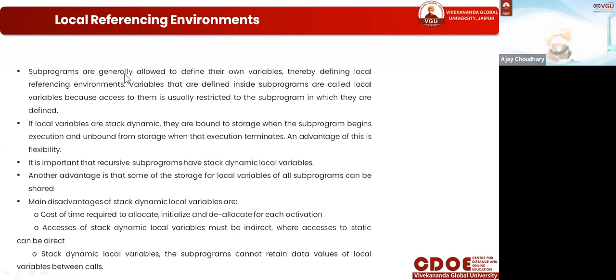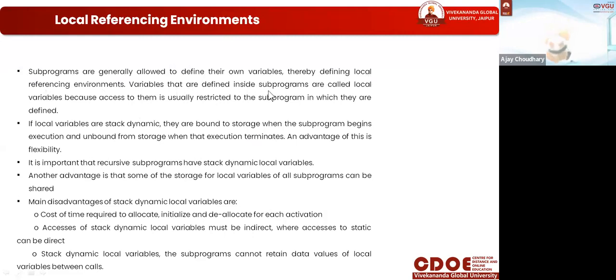Non-local. Subprograms are generally allowed to define their own variables. Own variables means that when we write a subprogram, we define the variables which are used in that code. But when we define all kinds of variables before writing the code, we are defining the local referencing environment first.